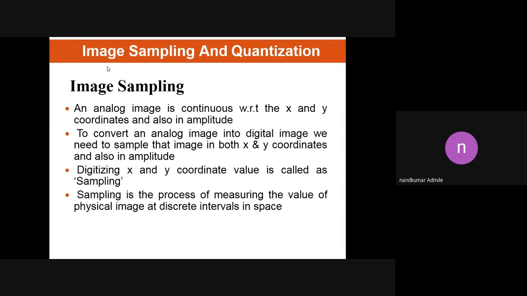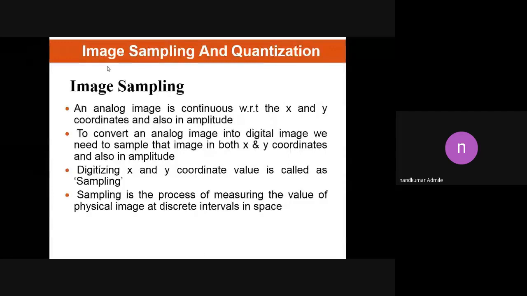Like in a sine wave, due to noise or due to distortion, the amplitude of the wave can change. So similarly in images also, due to the intensity of images or the intensity of colors, the amplitude value can also change. Now if we represent an image on the x-axis and y-axis, there is a change in amplitude.